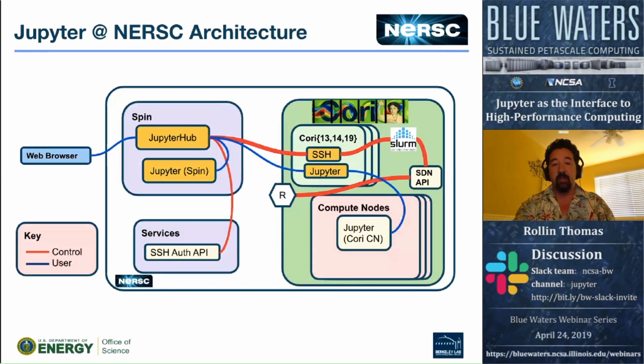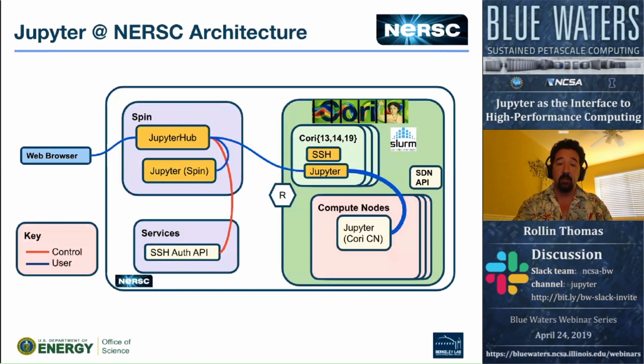We have another use case that we're working on delivering to users very soon, which is actually running notebooks on compute nodes. As I mentioned, there's 120 to 140 users spread across these three login nodes. That might get a little bit crowded for some users, and some users may want to use more resources than they can share with other users.